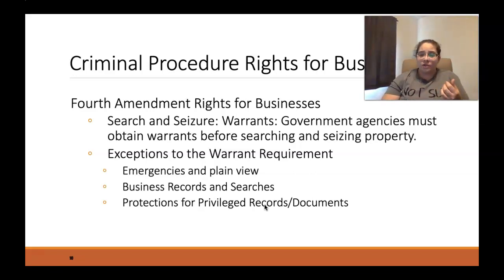There are some exceptions to that warrant requirement, which we've already talked about sort of ad nauseum when we talked about the loopholes that the Fourth Amendment has been broken up into. But emergencies, stuff in plain view, business records that can be subpoenaed. Some documents and records could be privileged, either because they're communications between the business and their lawyers or some other privileged relationship. But generally speaking, the Fourth Amendment also applies to businesses.